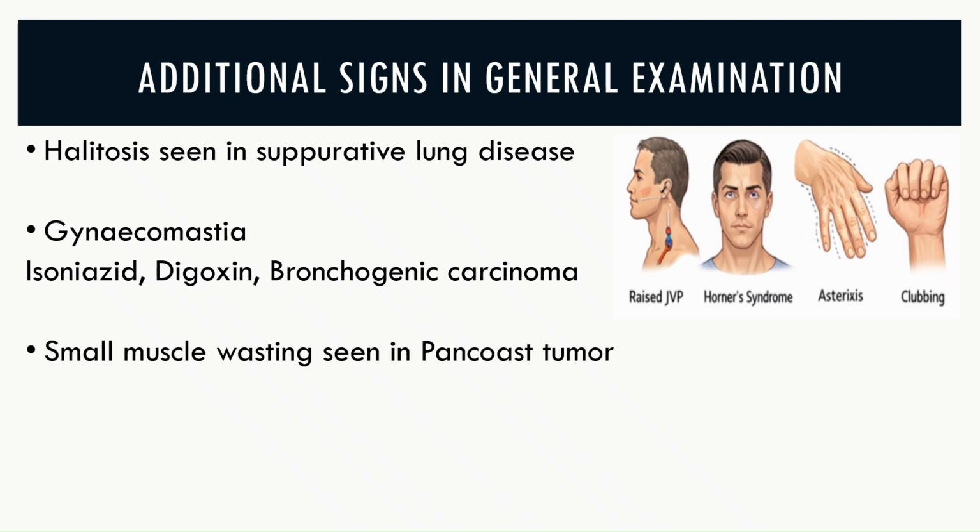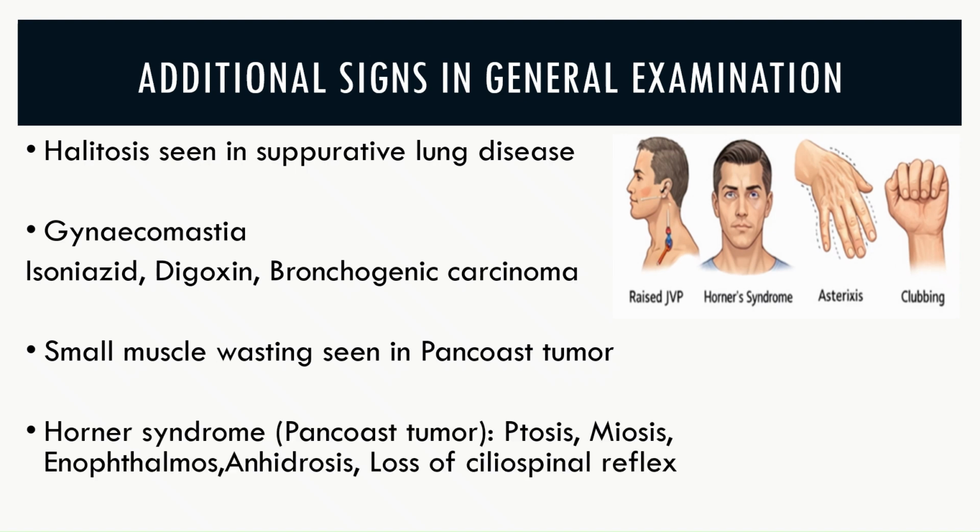Another feature of Pancoast tumor is Horner syndrome, which includes ptosis, miosis, enophthalmos, anhidrosis, and loss of ciliospinal reflex. We should also assess for raised jugular venous pressure, which may indicate cardiac involvement or superior vena cava obstruction.